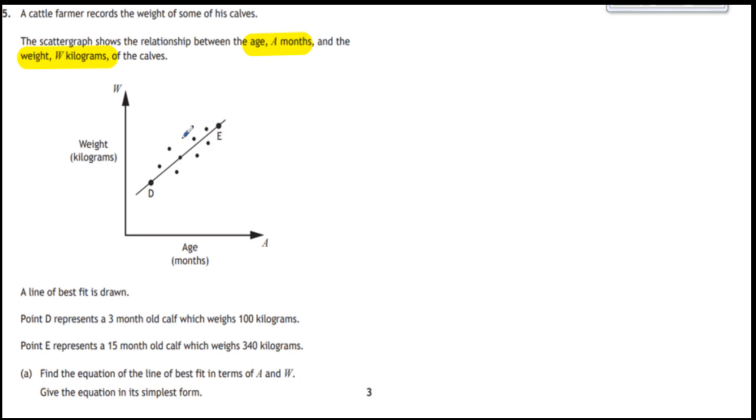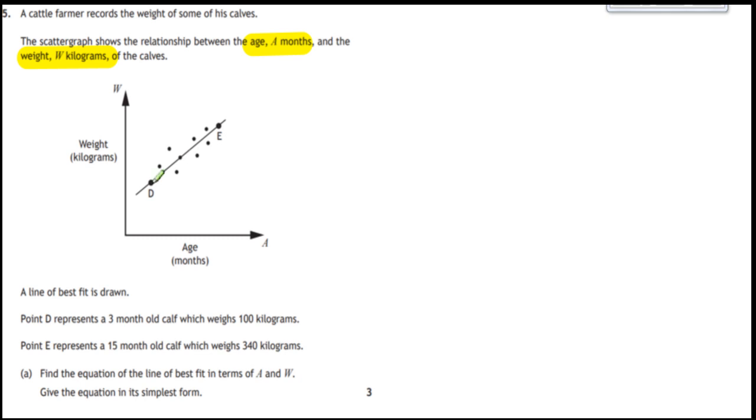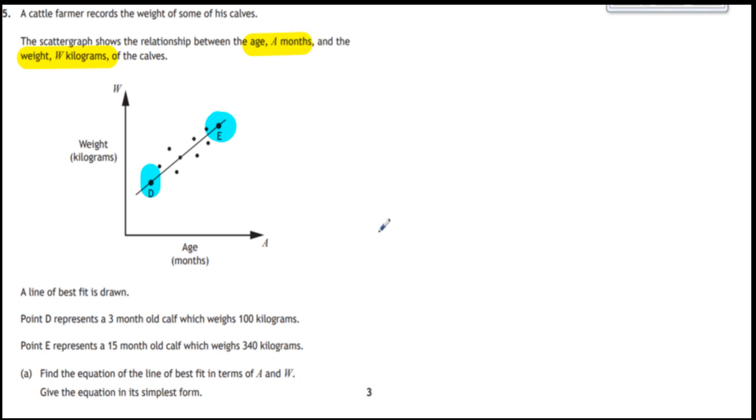Now you do not want to know anything about those points that are not lying on the line. The only points that are important are the ones that are on the line. Now you have been given 2 points, D and E, and you're given the coordinates of them. So you're told that point D represents a 3-month-old calf which weighs 100 kilograms, and point E represents a 15-month-old calf which weighs 340 kilograms.